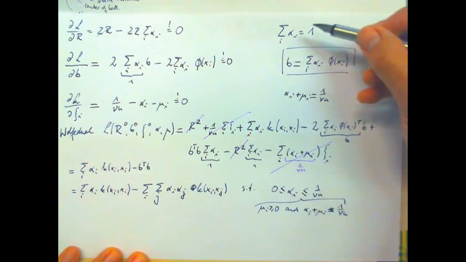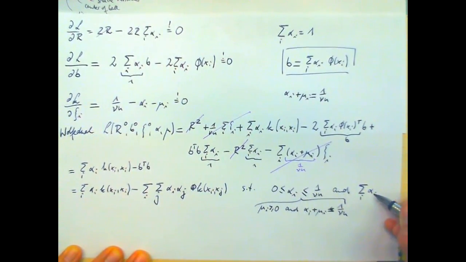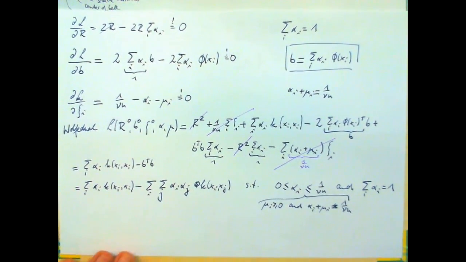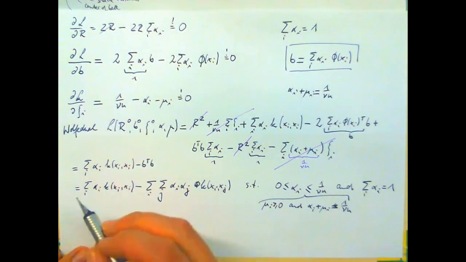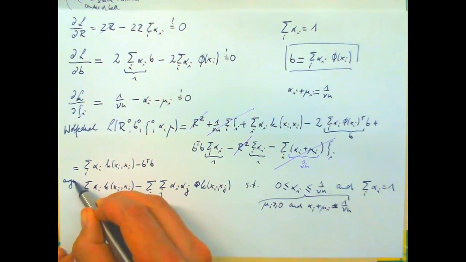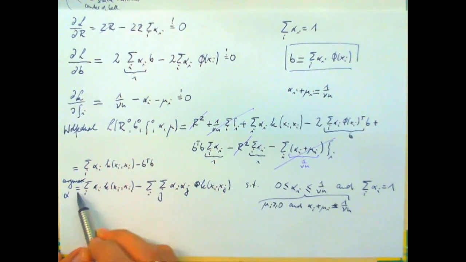And we still have this. The sum of the Lagrange multipliers here must be 1. Okay, now this is the Wolfe dual that now needs to be maximized with respect to these dual variables, with respect to the Lagrange multipliers alpha.